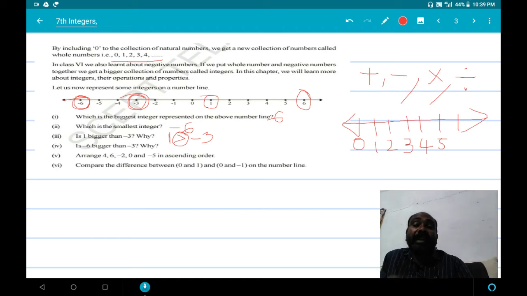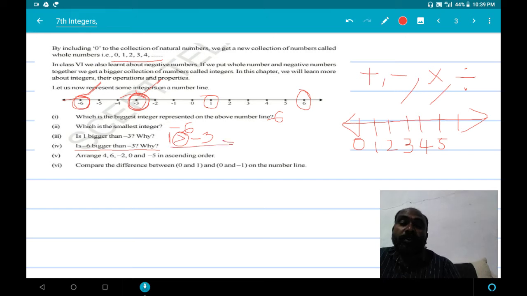So right side is always bigger. So comparing minus 6 and minus 3, minus 3 is right side of minus 6. So minus 3 is bigger than minus 6. But this question, is minus 6 bigger than minus 3? No.